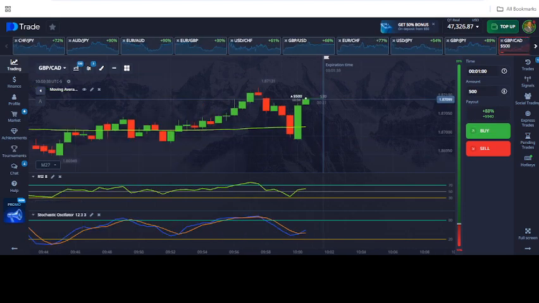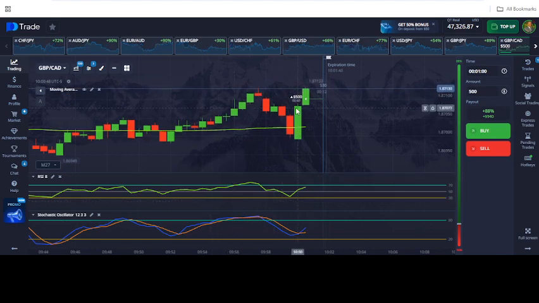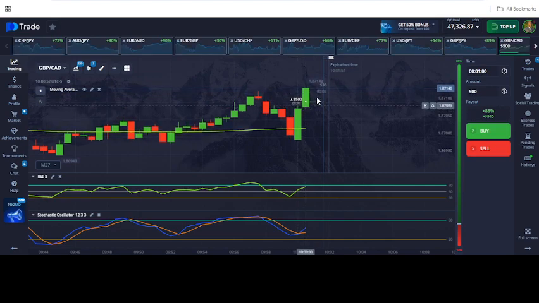Okay, so I'm on the Great British Pound Canadian dollar, and I just took a buy trade. The reason why I took the buy trade here: first of all, we see this big green candle closes above the 150 EMA line, which suggests a change in the trend to a bullish trend.